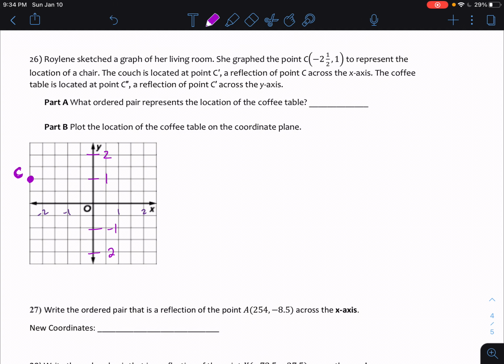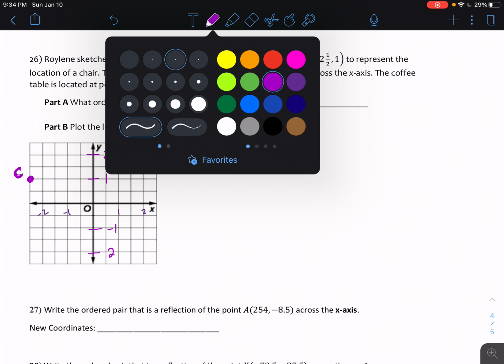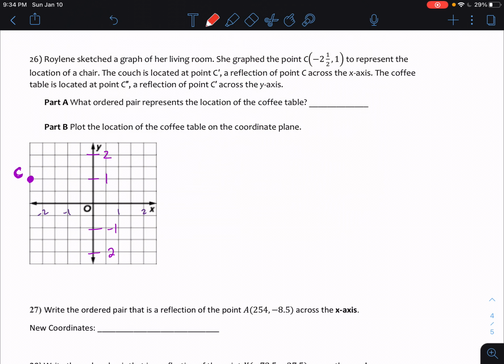And then it says the couch is located at C prime, a reflection of the point across the x-axis. So here's the x-axis, and I'm going to reflect to down here. So that's the couch. So I've got the chair and the couch.